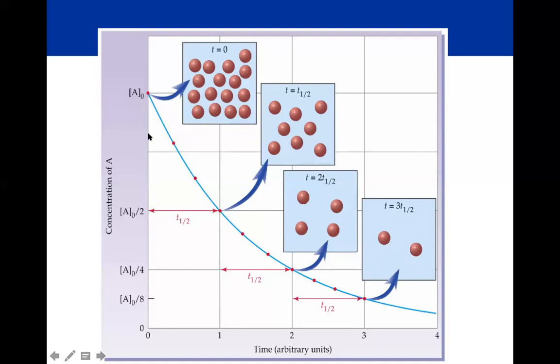So at 0 time there are 16, after 1 hour 8, after 2 hours 4, after 3 hours there are just 2 particles. So if we look at this, it actually depends on half the number of particles rather than a constant number of decrease.